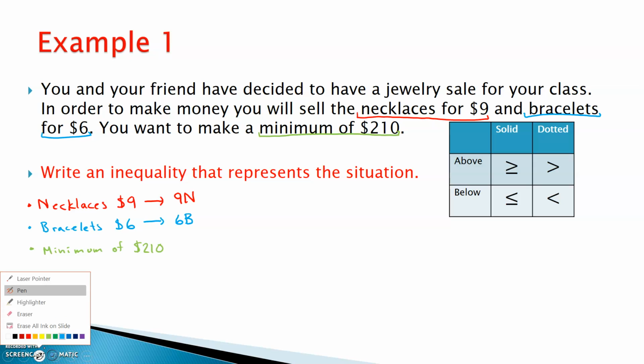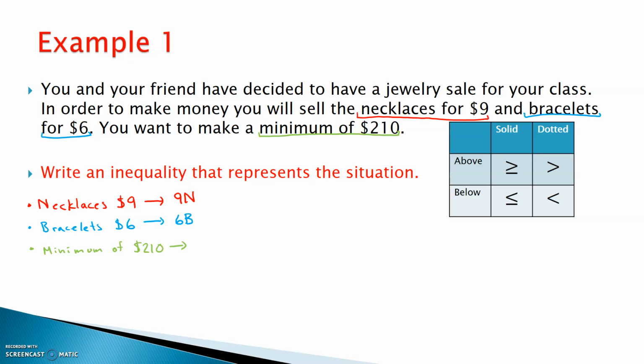This was the awkward part that gets a little confusing. Which symbol are we going to use? If you want to make a minimum of $210, that's the lowest, that's the bottom that you want to make. You want it to be greater than those $210, or maybe it's not worth your time.